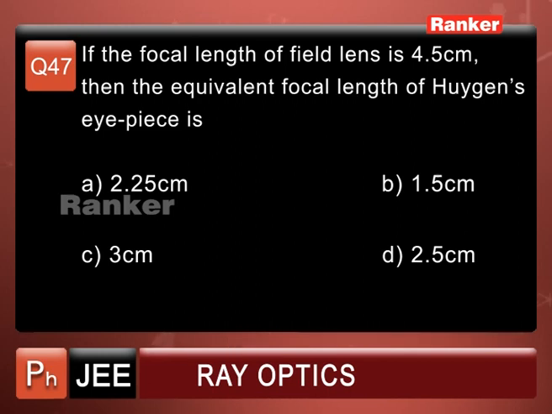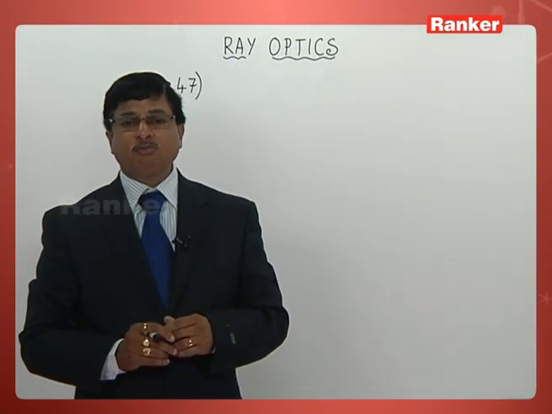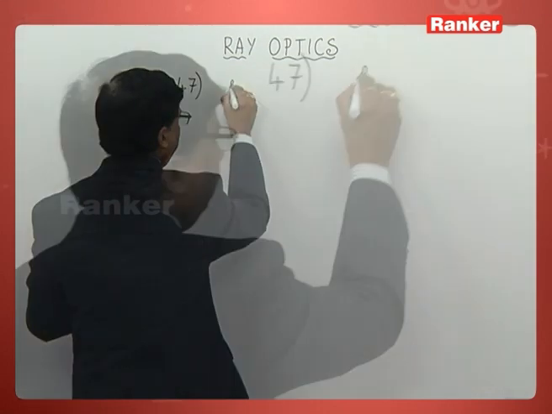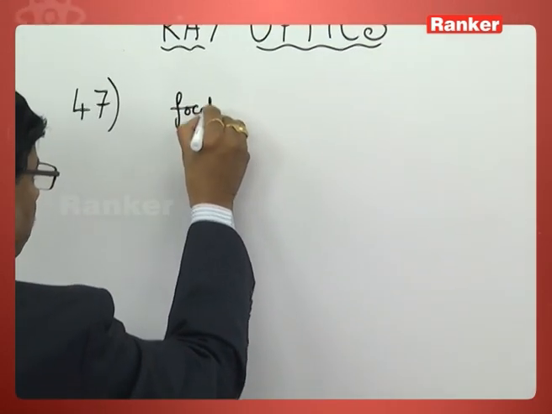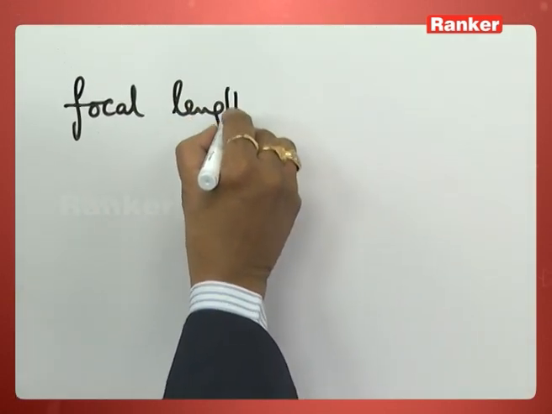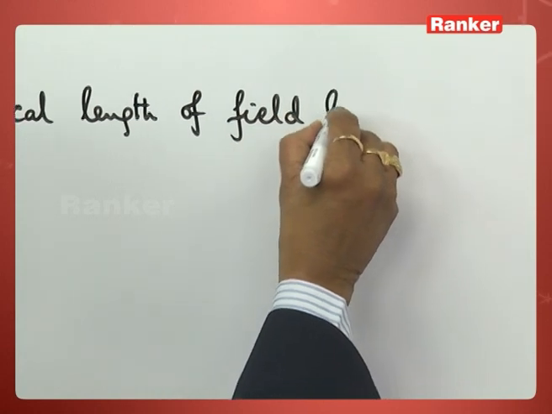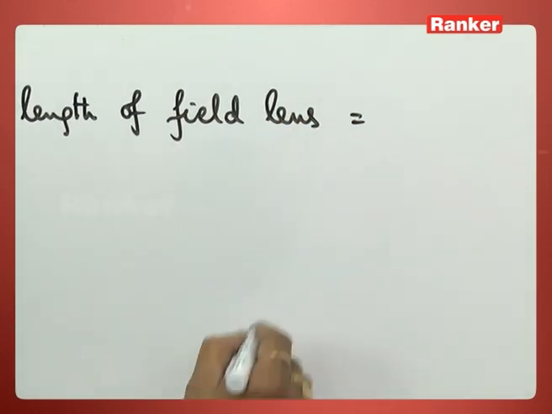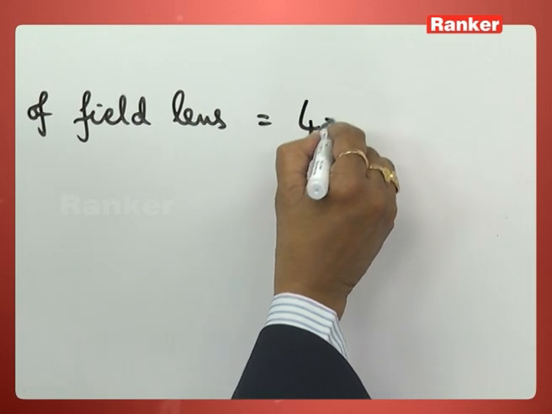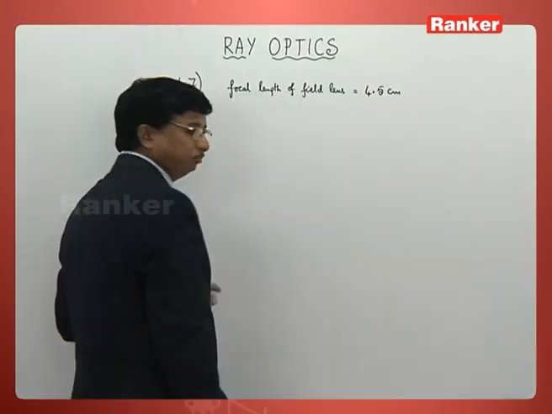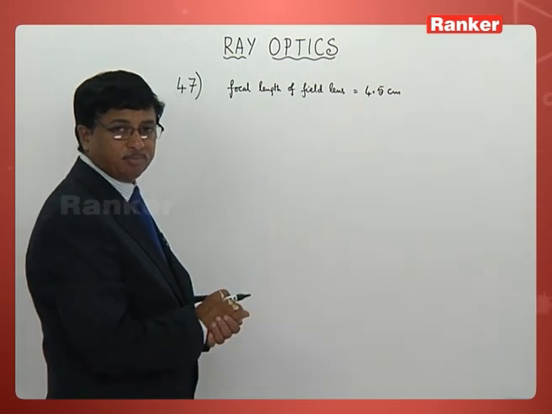First and foremost, he has given focal length of field lens as 4.5. Let us write that value. Focal length of field lens, that value is given 4.5 centimeter.